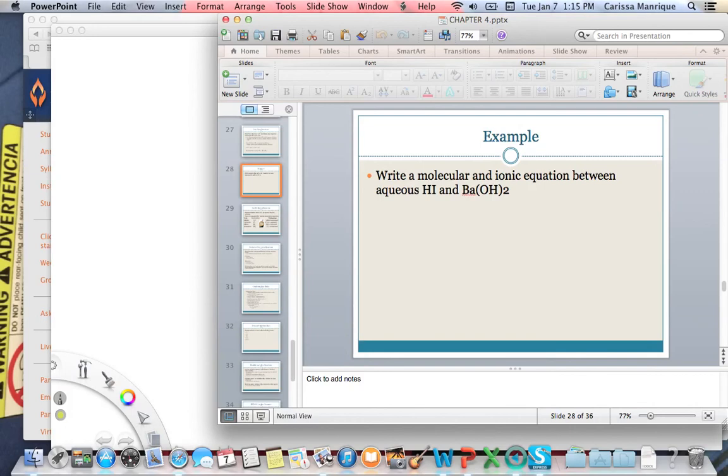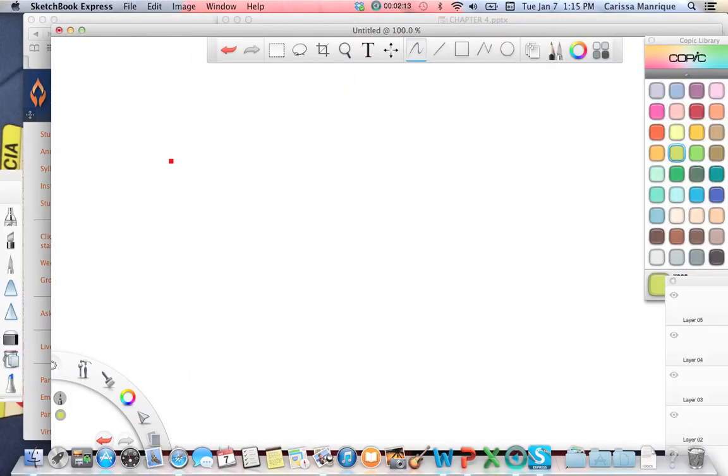So let me show you. Let's look at a molecular and ionic equation between HI and Ba(OH)2. Okay, and let's see what this forms. Let's look at the net ionic. So because I have HI, that's what I'm really going to look for as an acid. This is my acid right here because I have a hydrogen in front.